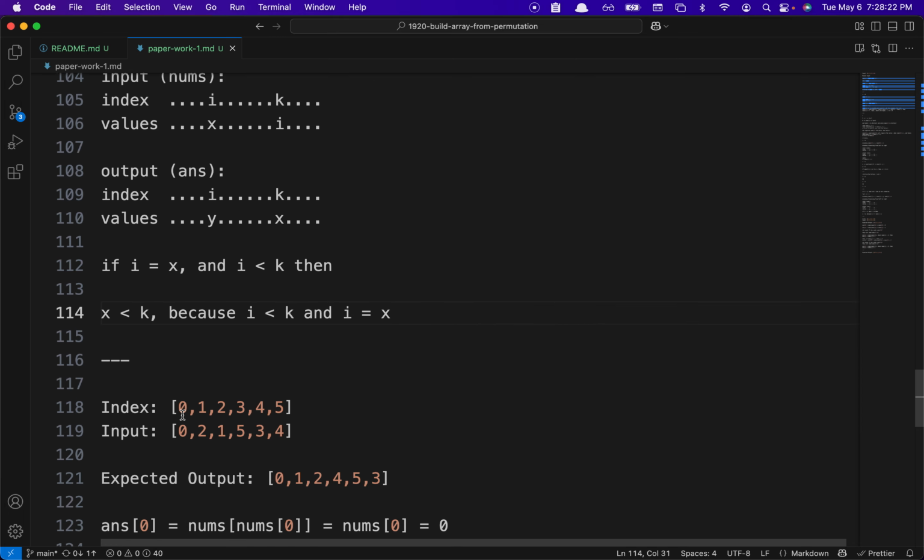This is 0. Num of 0 is 0, so this is this. I get the expected output as this only. So k, let's say there can never be a... okay, right.